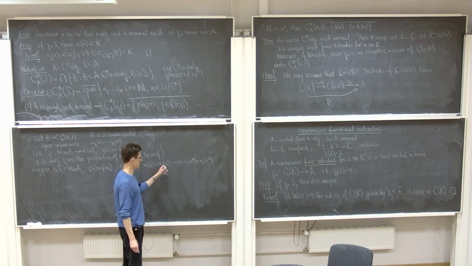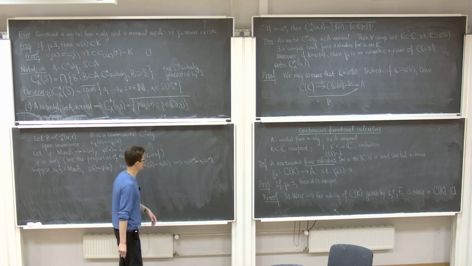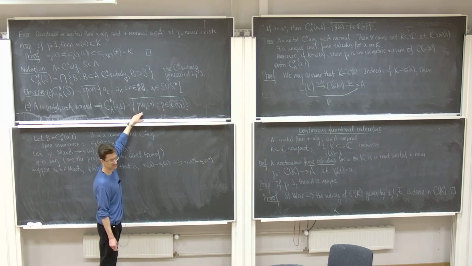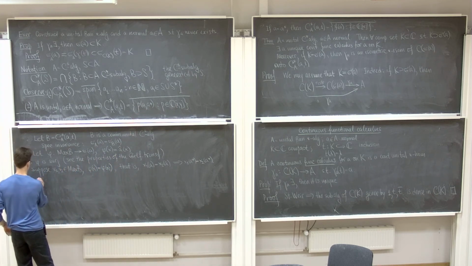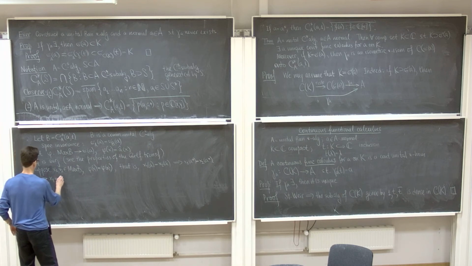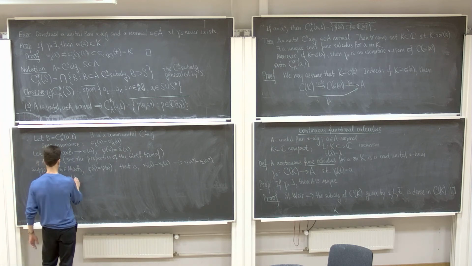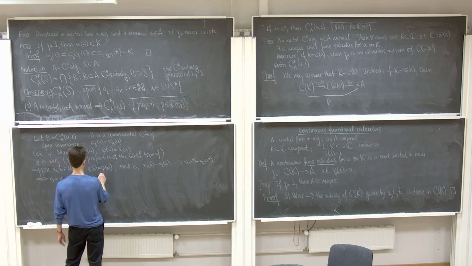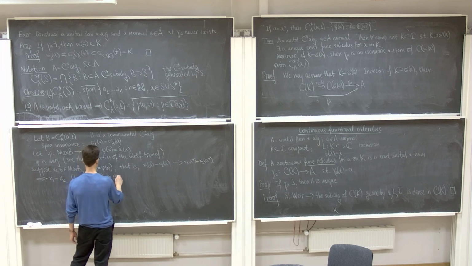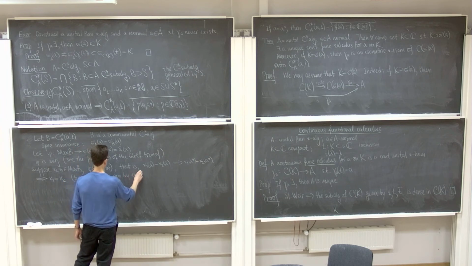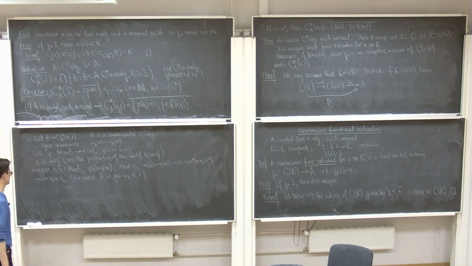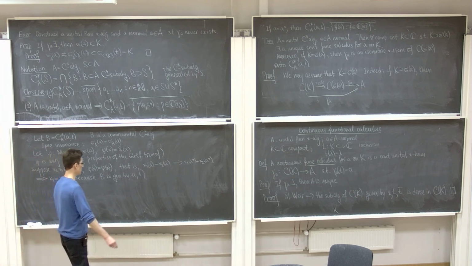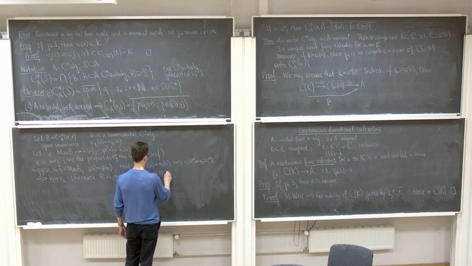So they are the same on a, and they are the same on a star. Clearly they are the same on each polynomial in a and in a star. And this implies that x1 equals x2, because B is generated by a and the identity. So phi is bijective.